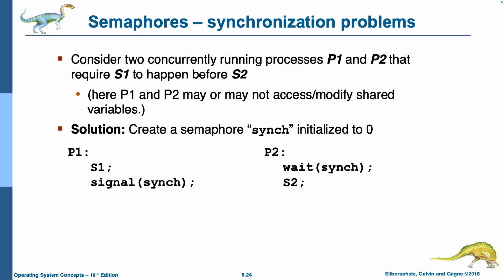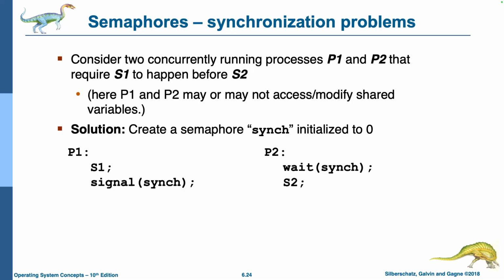Signal means releasing a resource, which increases the semaphore counter by 1. Now the semaphore is 1, and P2 finds out it has become 1. So P2's wait operation decreases it by 1 and P2 can run. So this implements S1 happening before S2.